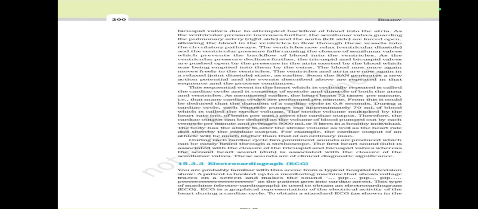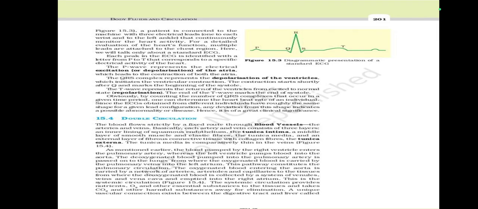ECG is a graphical representation of the electrical activity of the heart during the cardiac cycle. To obtain the standard ECG, as shown in Figure 15.3, the patient is connected to the machine with three electrical leads, one to each wrist and one to the left ankle, and the heart activity is continuously monitored.